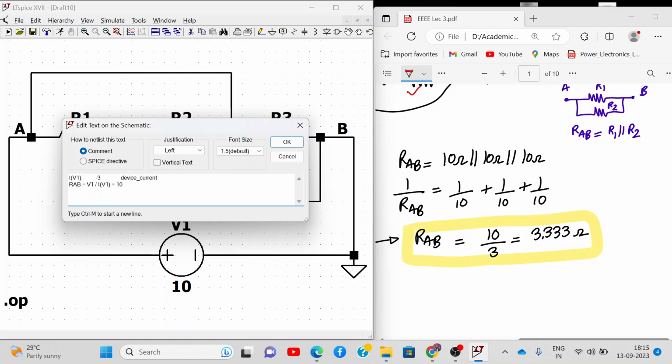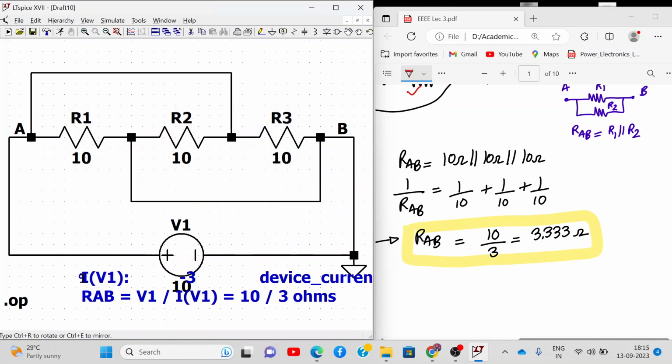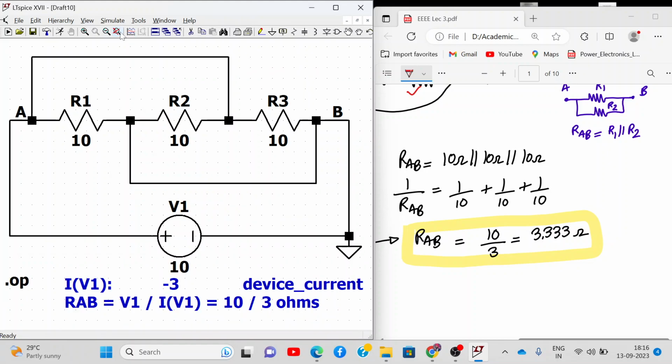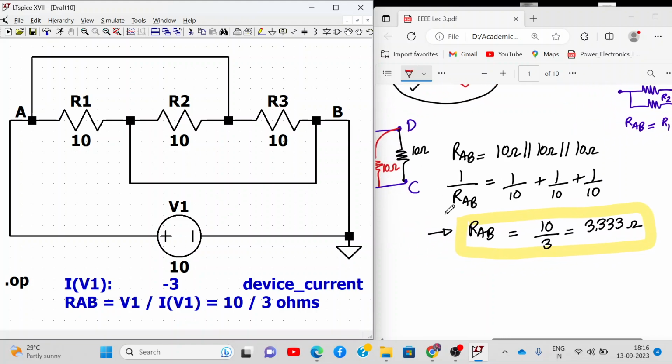So that will be 10 divided by 3 ohms. So that is the current. Got it? So this way we can find equivalent resistance of any circuit. I hope you're following. We got it as 10 by 3, and here also we got it as 10 by 3. Don't worry about the sign of this current, because it's the adjustment done in LTspice.